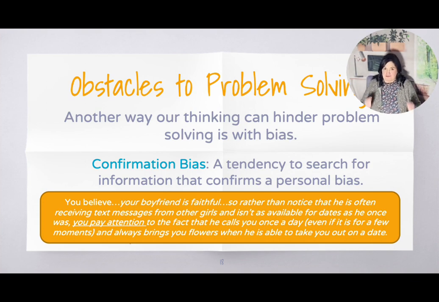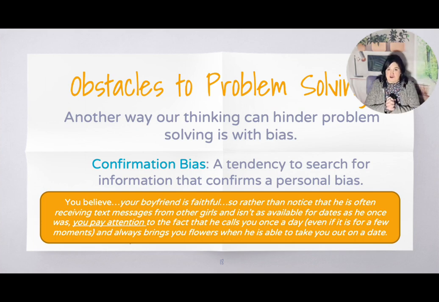You trust in him, and you'd rather that than notice that he's receiving text messages from maybe some other girl, that he isn't as available for dates as he once was, and he used to pay you a lot more attention, and the fact that he used to call you once a day, and now he rarely ever calls you. You start to wonder about when he used to bring you flowers and took you out on dates, right? So you believe your boyfriend is faithful.